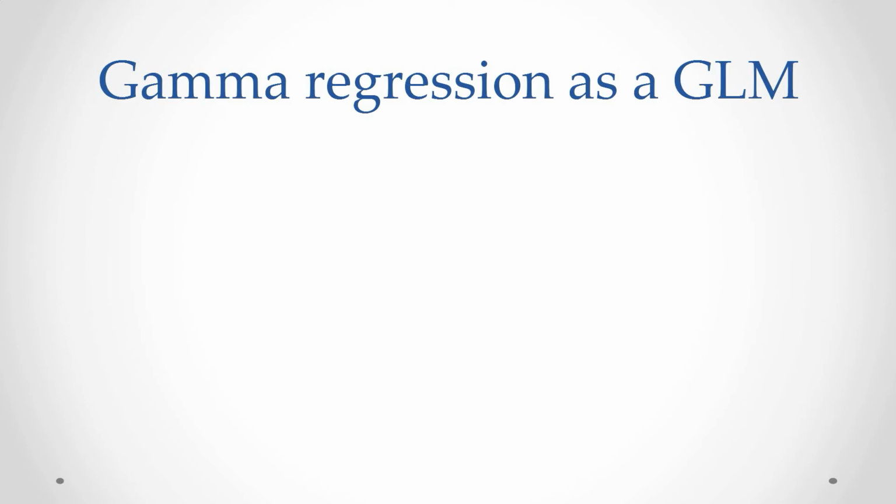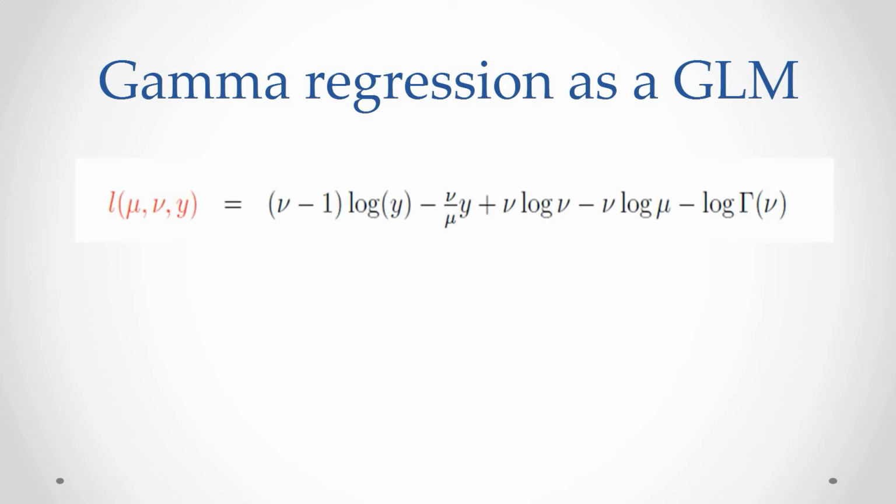So, note that the log likelihood using the mean reparametrized form is given by l of mu, nu, y equal to nu minus 1 log y minus nu by mu y plus nu log nu minus nu log mu minus log of gamma nu.